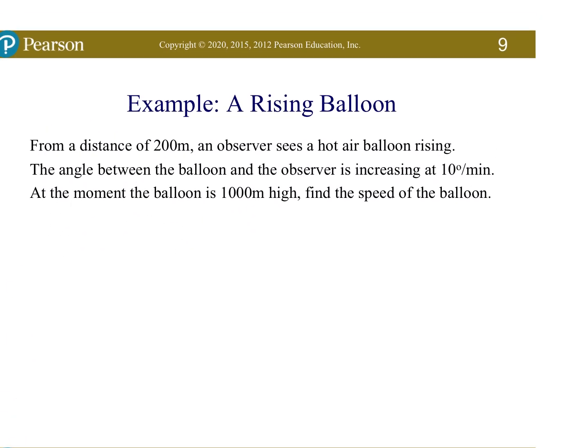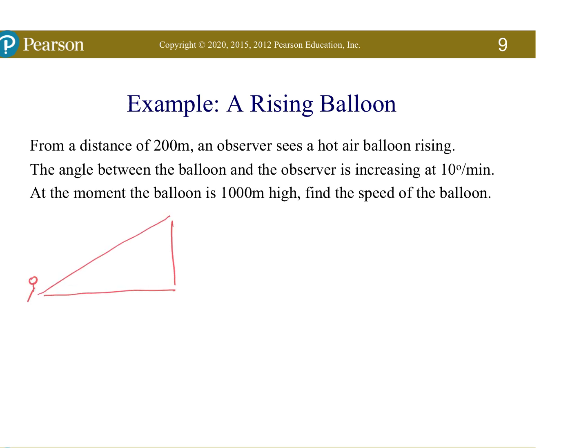So here's an example. You're watching a hot air balloon, or maybe a drone, or something flying in the air. We have the word angle in here, so we know that we're going to be using something trig, and we've got a lot of numbers. Let's just get our model here.